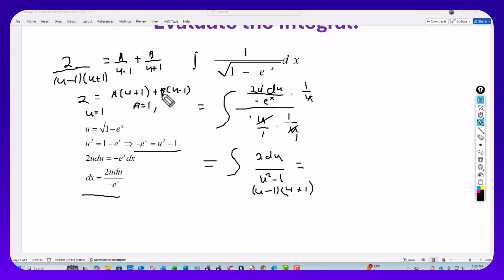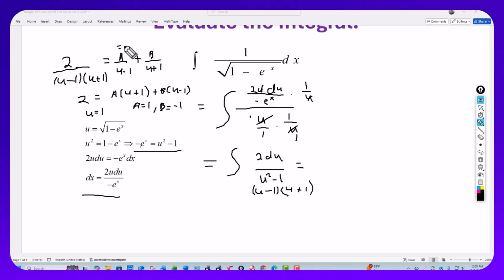And what is b? Plug in any value you want, or the most convenient one would be negative 1, because that'll make this expression here 0. So plug in negative 1. This goes to 0. The 2 stays the same. So this would be negative 1 and minus 1 is minus 2. Minus 2b equals 2. So b would equal negative 1.